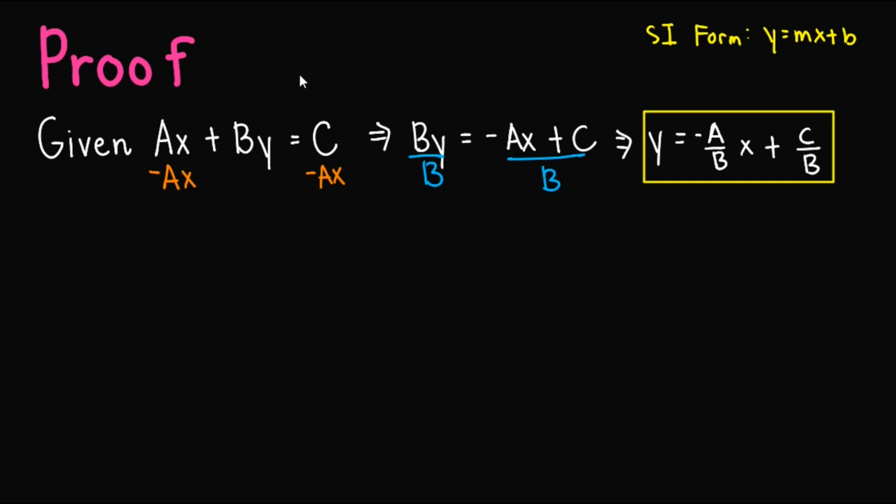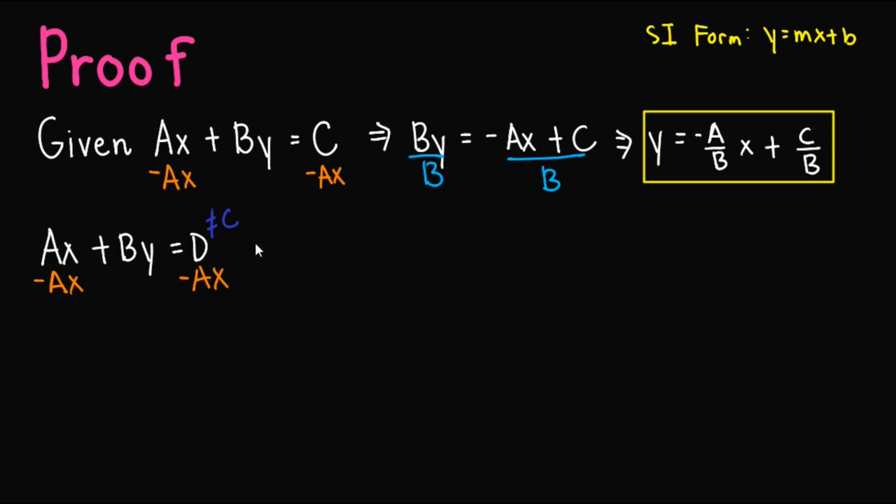Now, recall from the previous slide that a line parallel to this is ax plus by equals d, wherein d is not equal to c. This is what we claim to be parallel to the given one. To show that this is true, we also convert this to its slope-intercept form. Similarly, we start by subtracting ax from both sides.